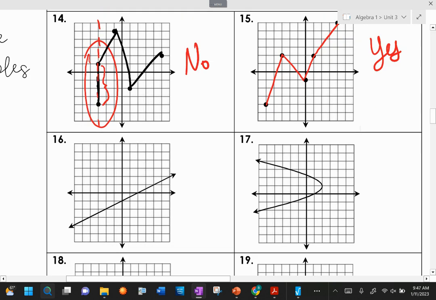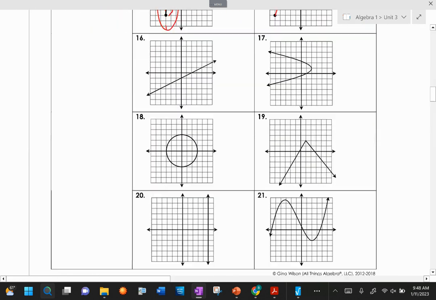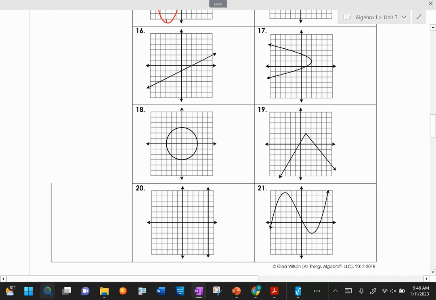Okay, the next ones you have are drawn for you. I would like for you and your table partner, or whomever you're working with, to do 16 through 21.